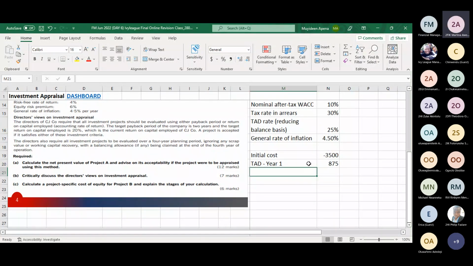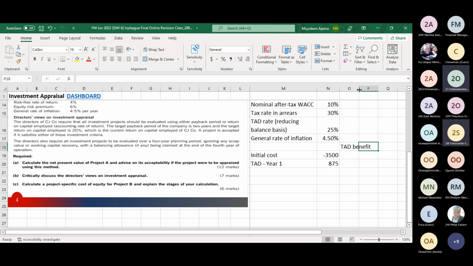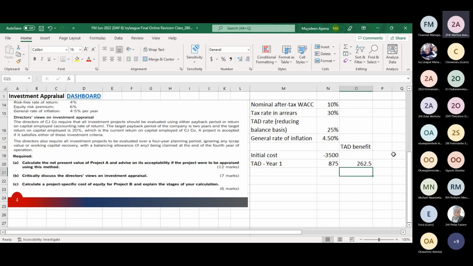And then he pays tax on that benefit, at what percentage? 30%. Okay, 30% of 875. So what year will that happen? Year 2. Year 2, thank you.